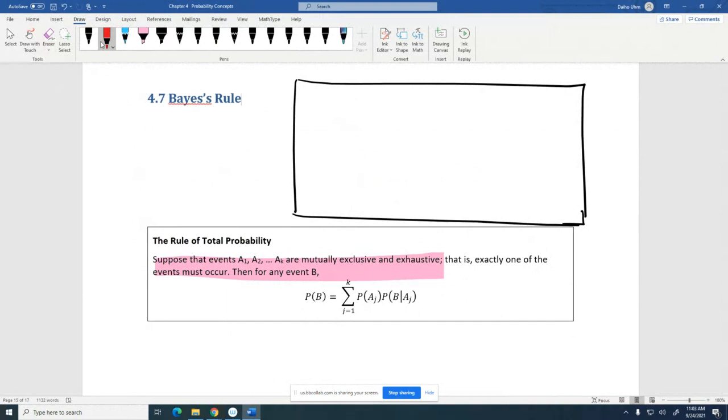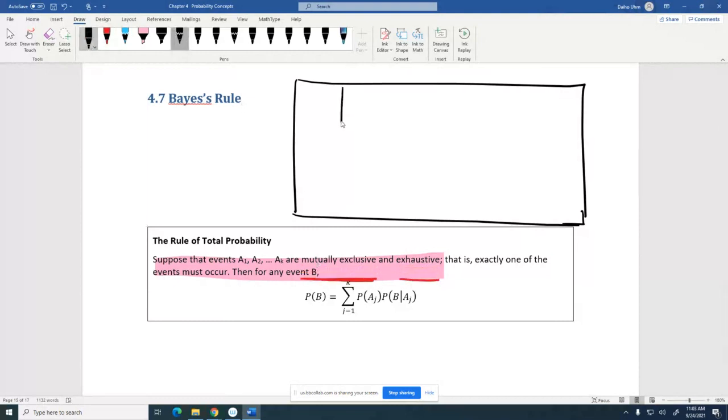They are mutually exclusive. To remember the mutually exclusive, before, when we made a Venn diagram, it was separated in two circles, right? It's totally different, it's separated. So all the A's are mutually exclusive and exhaustive. We didn't discuss what is exhaustive. We just got only the mutually exclusive. But now today, they are exhaustive.